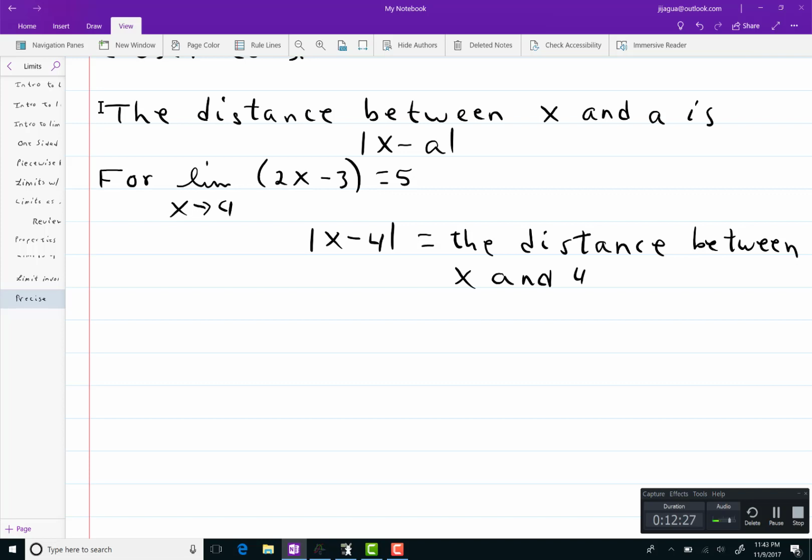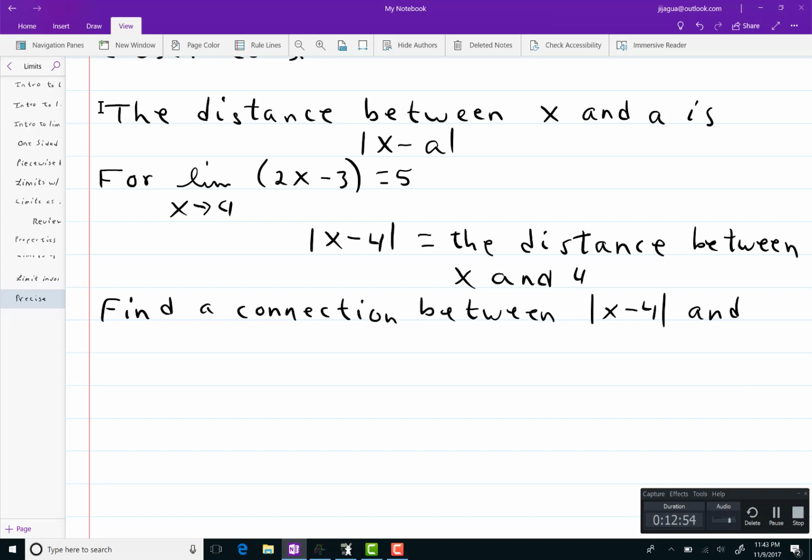I want to find a relationship between that and the distance y minus 5. So find a connection between the distance x minus 4 and the distance y minus 5.